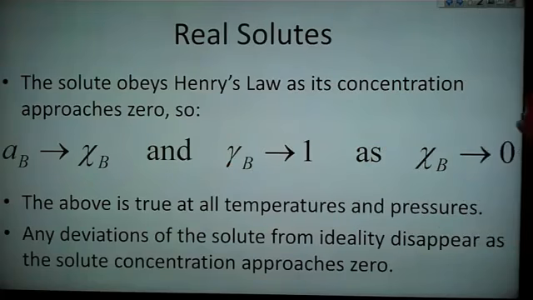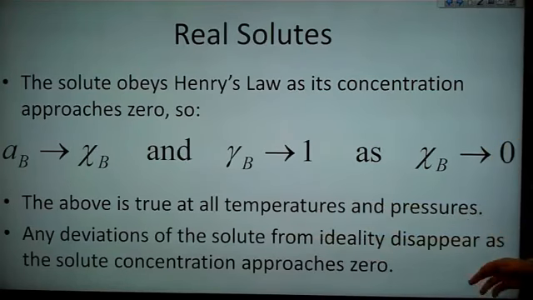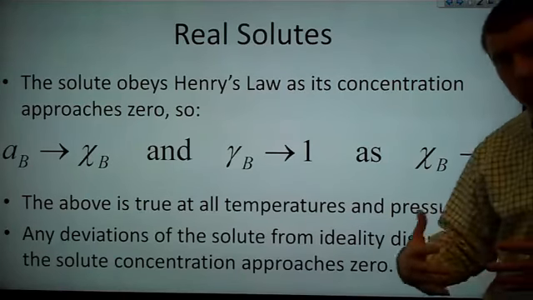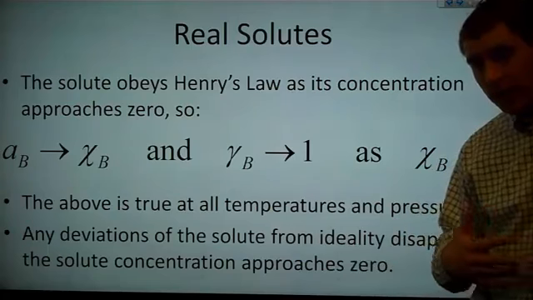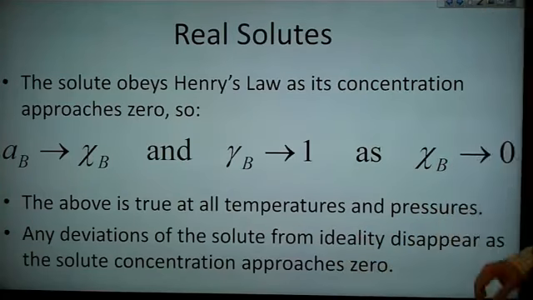So this is true at all temperatures and pressures, and this means that any deviations of our solute from ideality are disappearing as our solute concentration gets closer and closer to 0. So as our solute is getting more and more dilute, it's acting more and more ideal.